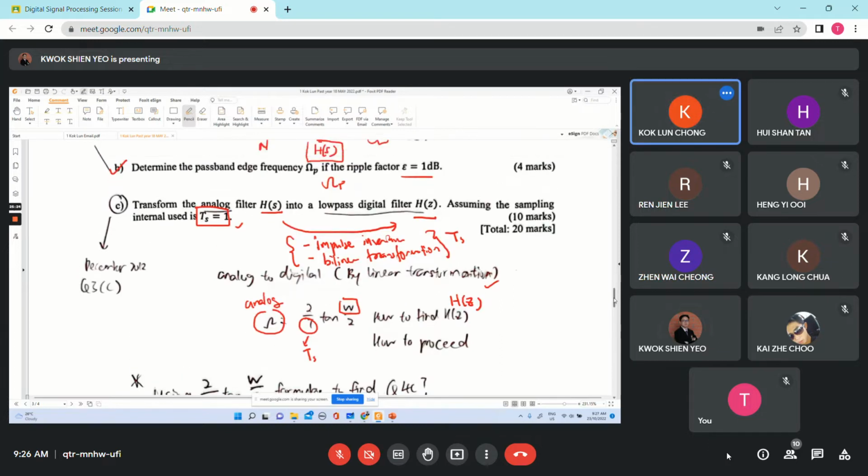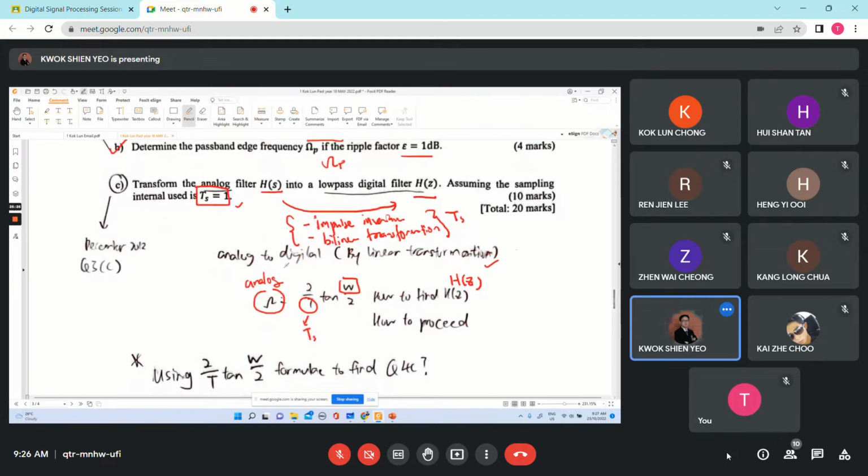Normally these equations are for us to determine this. So I think in this question, you do not need to worry about using this equation because it's given. When you design Butterworth filters or Chebyshev filters, normally the specification is already given.